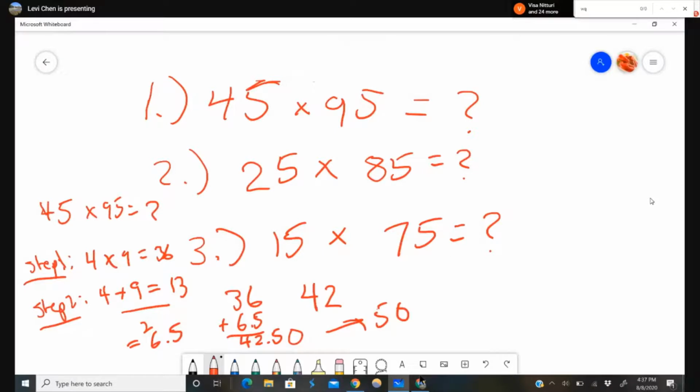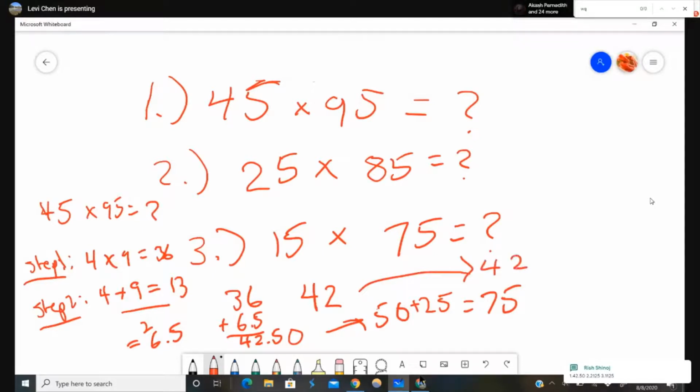It kind of turns into a 50, and then you take the 25 as you normally would and add them to each other. That gives you 75, so the answer is 42.75. Yeah, that one is pretty tricky, but basically you just take the end of the decimal and then add that to 25, and that gives you the last 2 digits.